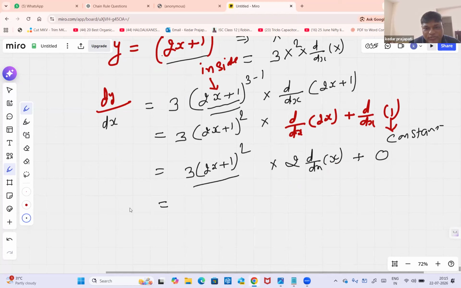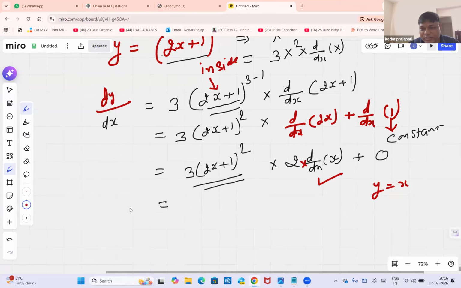Now this much is already solved. Now I need to solve this one. This is constant. D by dx of x is how much? Just now we solved y equal to x.